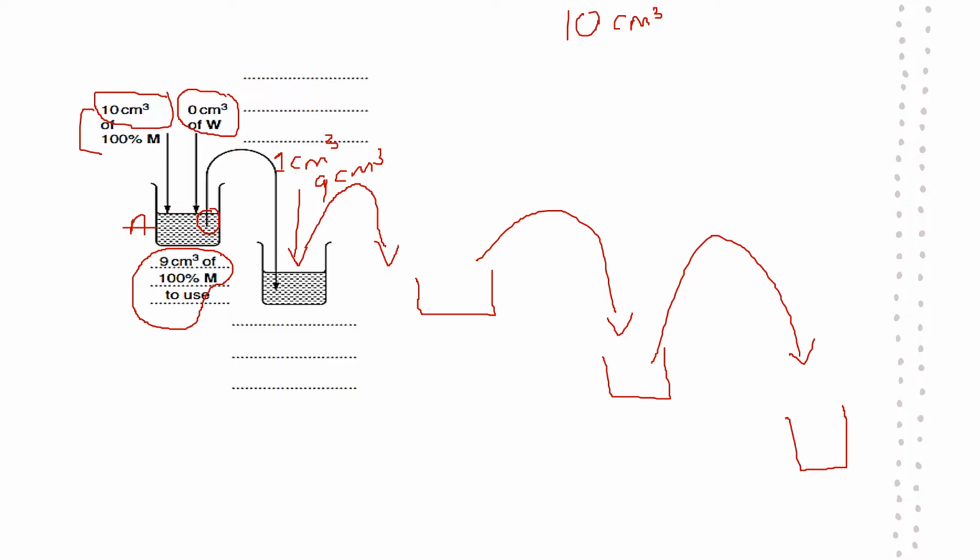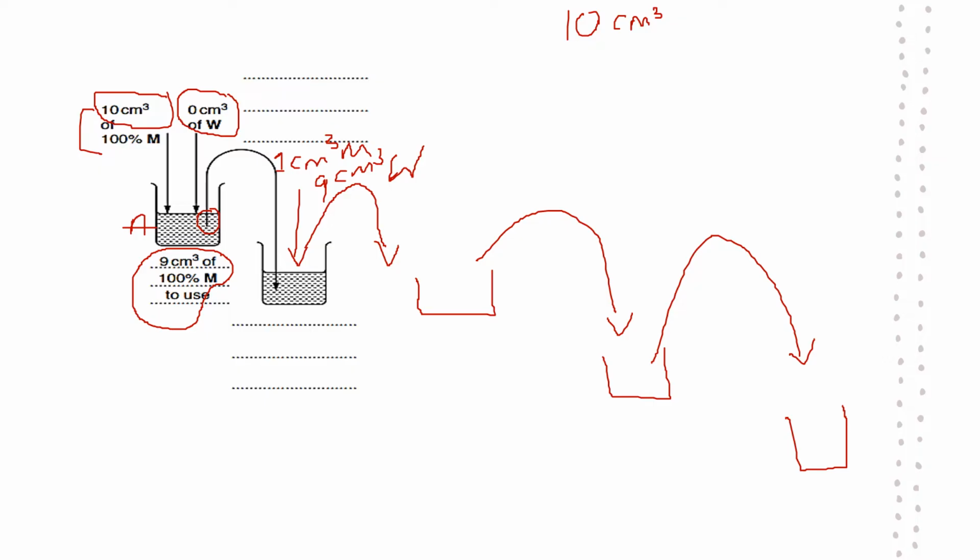Now, in this case, something else that you want to state is that I'm adding only 1 cubic centimeter out of 10 into 9 cubic centimeters of water, and make sure you write water or W, whatever the label is, just so that you are clear on what it is that you're adding. So 1 cubic centimeter of M, 9 cubic centimeters of W. What you have done is that you have reduced the concentration of M that you're adding here by a factor of 10.